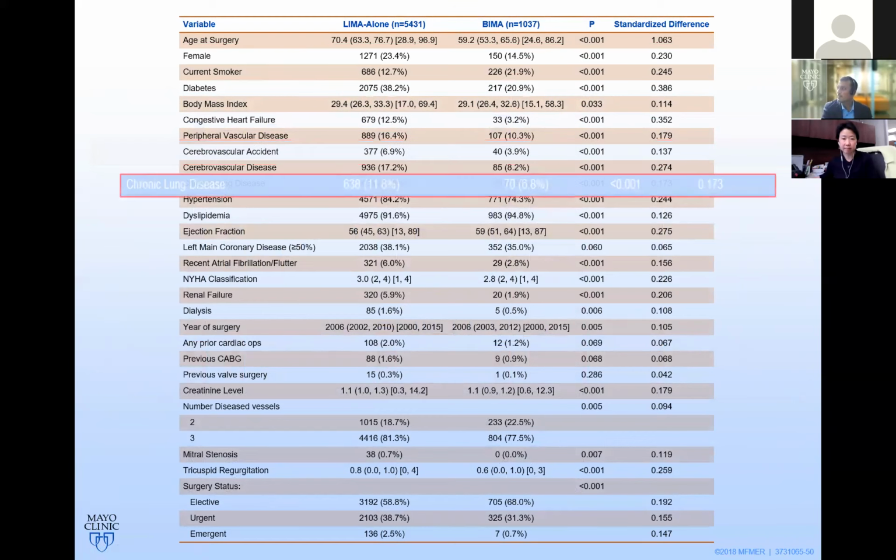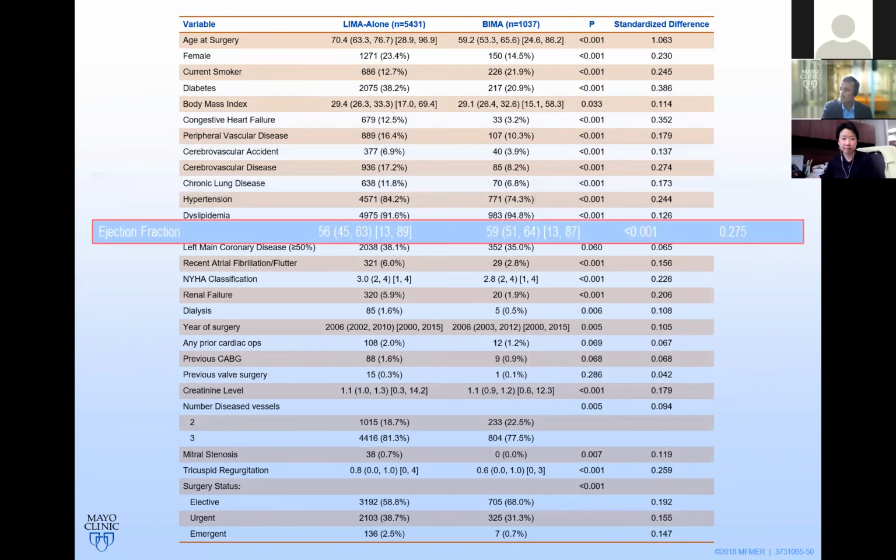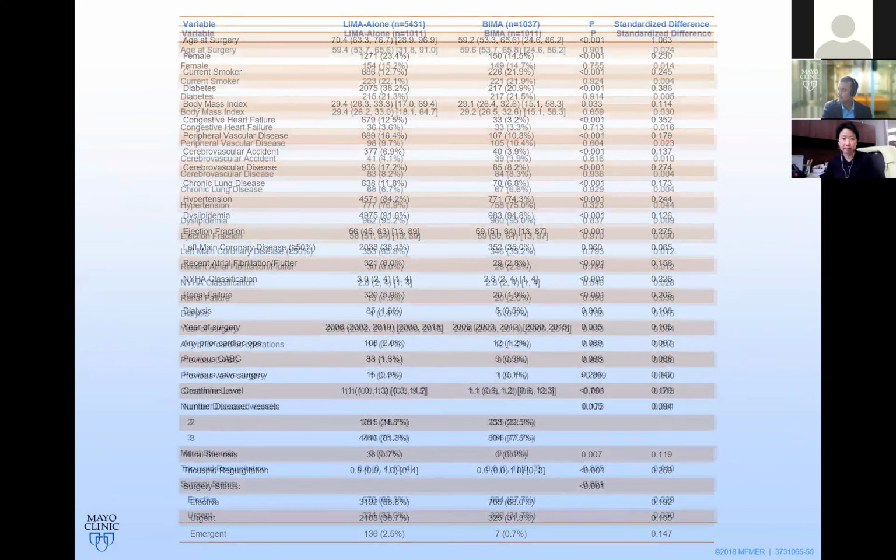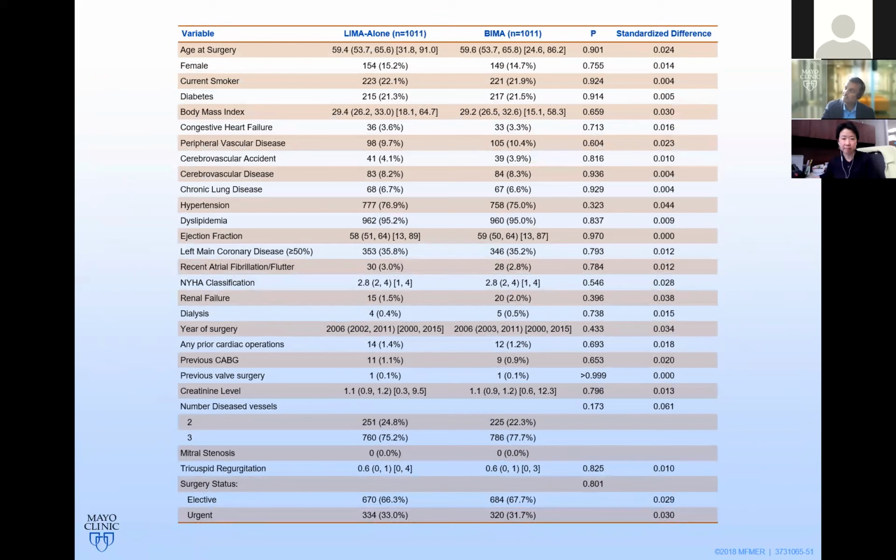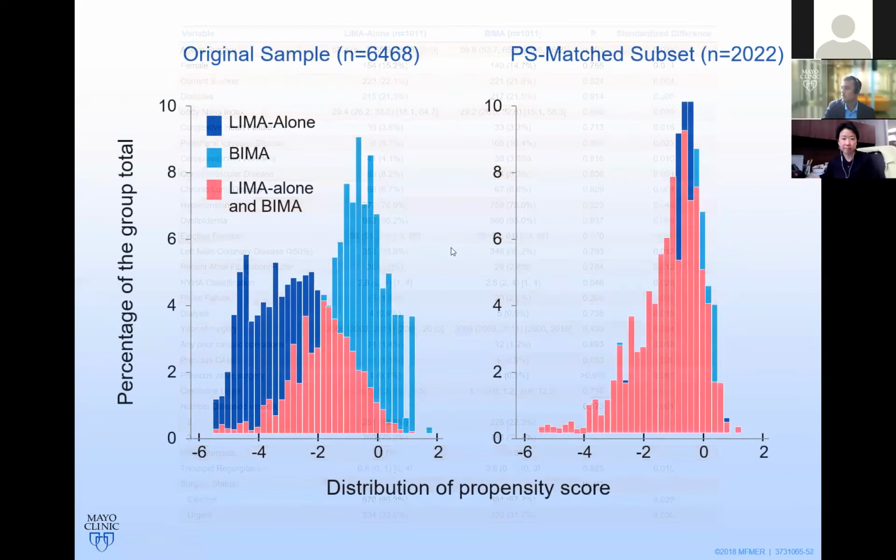We cannot compare. So what we did, therefore, is we matched the bilateral internal mammary artery group to similar patients in the left internal mammary artery group alone. And we found a group of patients with similar risk profiles. And the standardized differences between these two essentially disappeared. It went down to 0.00, 0.0 everywhere, meaning that these two groups were equally well matched.